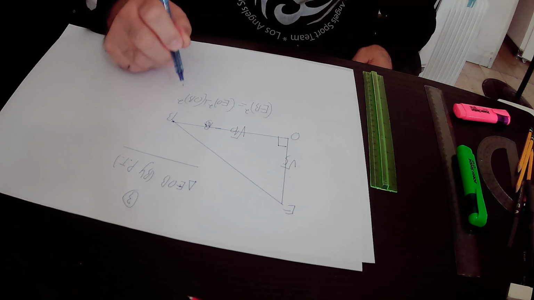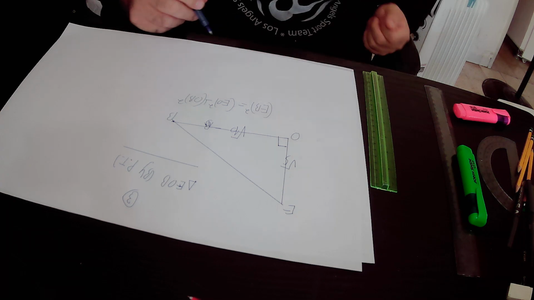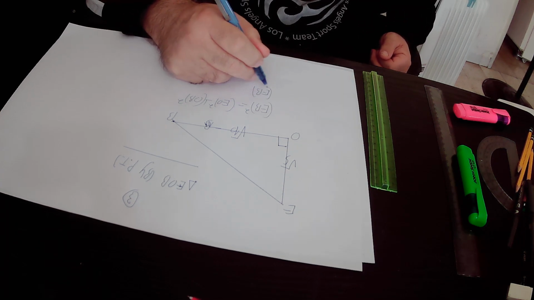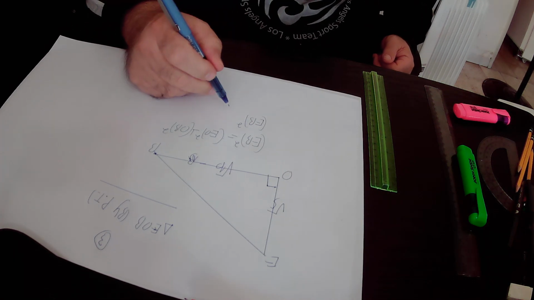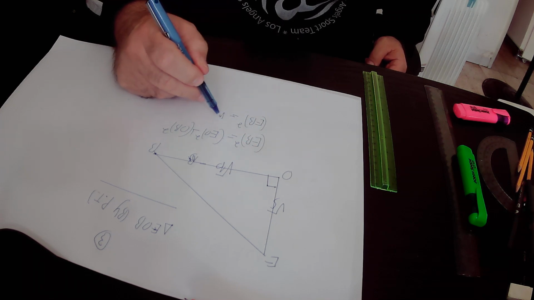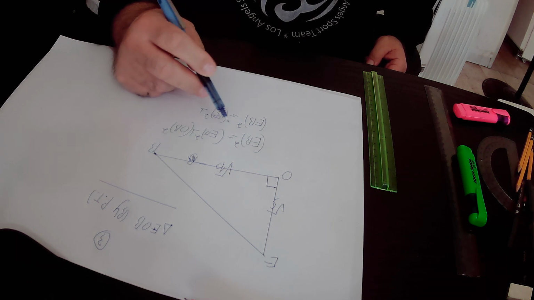And again, according to the Pythagoras theorem, in the right triangle EOB, EB squared equals EO squared plus OB squared. So EB squared equals EO squared. EO equals the square root of 5, therefore EO squared equals the square root of 5 squared, plus OB squared.